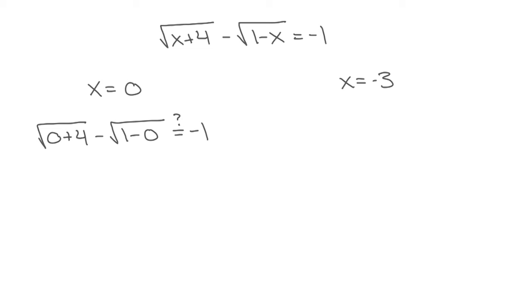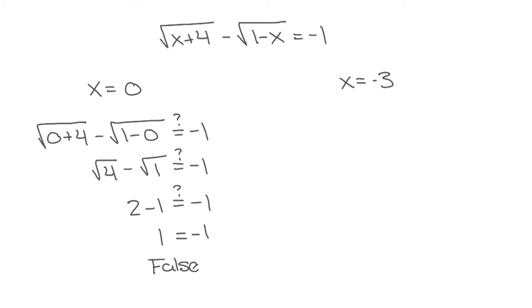The square root of 0 plus 4 is the square root of 4, minus the square root of 1 minus 0 is minus the square root of 1, and the right side of the equation is still -1. The square root of 4 is 2, and the square root of 1 is 1. So on the left side, we have 2 minus 1, and we are checking that that is equal to -1. 2 minus 1 is 1, so we have 1 equals -1, which is false. Thus, x equals 0 is not a solution to the original equation.